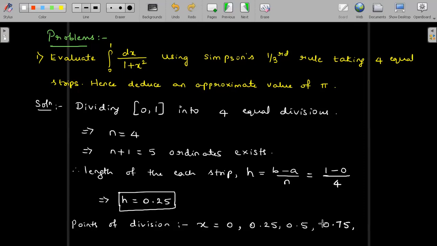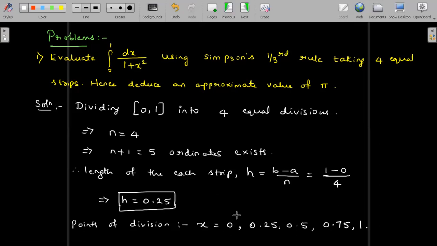So x values start from the lower limit to the upper limit. The integral limits are taken for x, so x varies from 0 to 1. That is the meaning of it. So you have to start from 0 in steps of the step length h, so h is 0.25 accordingly.